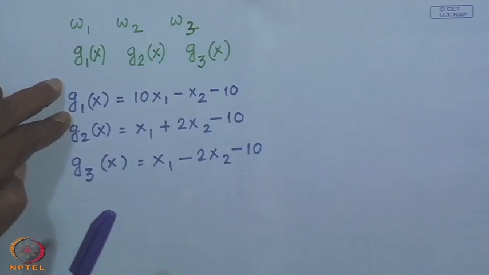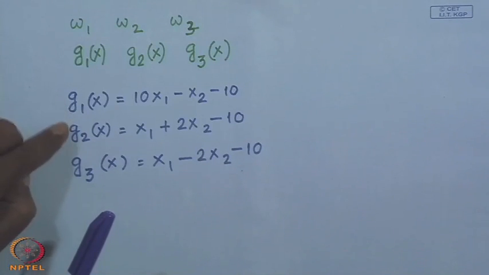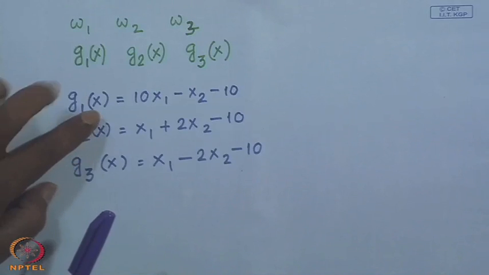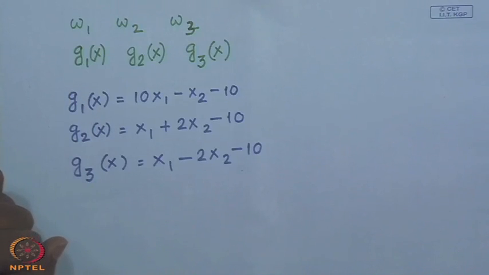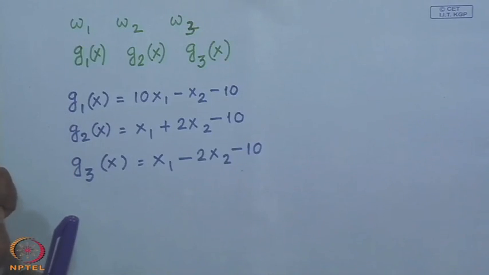If also g1(x) is greater than g3(x), then between these two classes x also belongs to class omega 1. So, undoubtedly the unknown feature vector x will be classified to class omega 1. Now, if it so happens that g1(x) is greater than g2(x), but g3(x) is greater than g1(x).